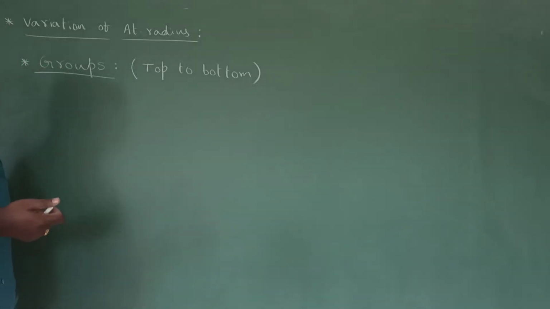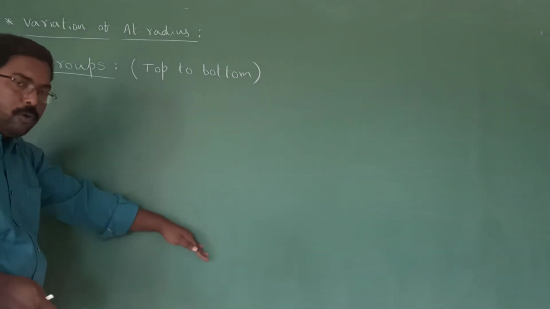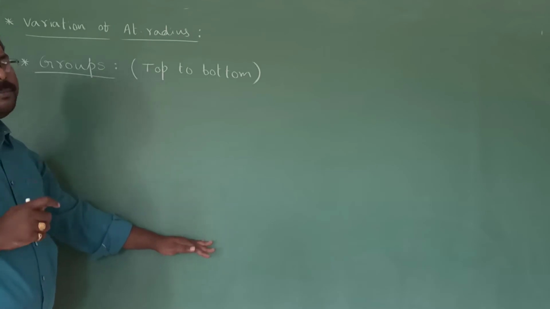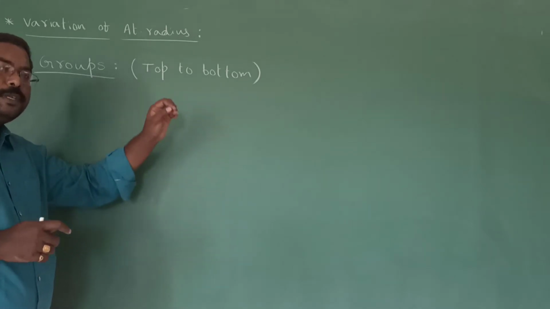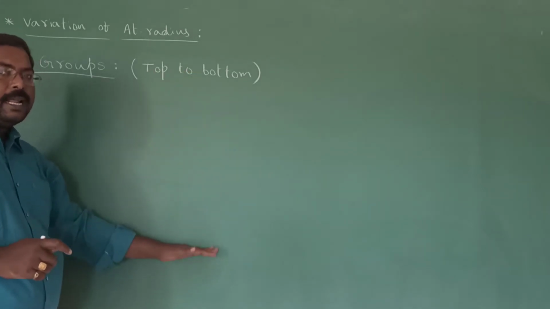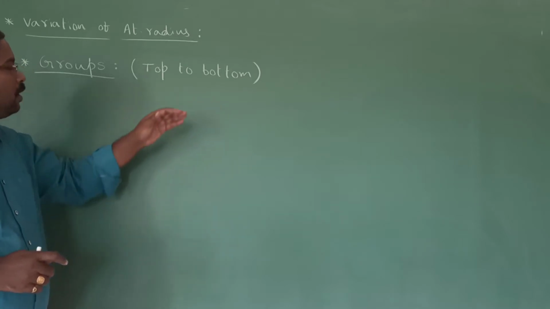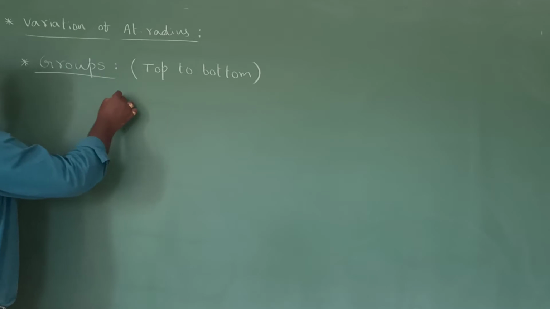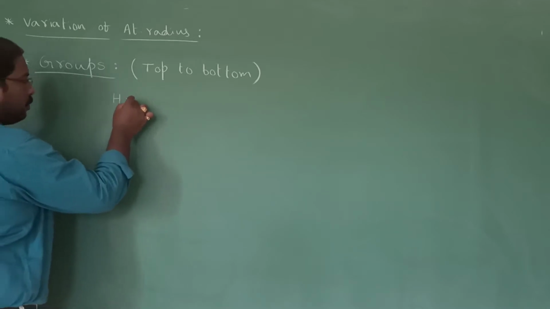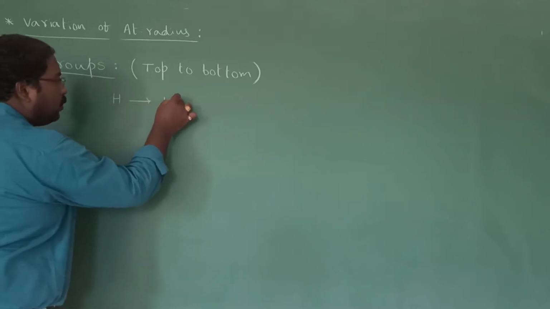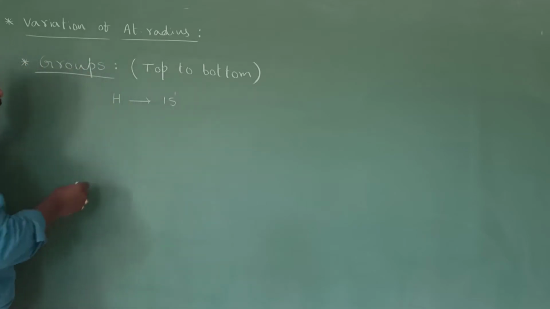Why does it increase? Because as we all know, when we are going down, atomic number increases. If you observe, the period number increases, which is nothing but the number of orbits also increases. For example, hydrogen has only one electron in the first orbit.